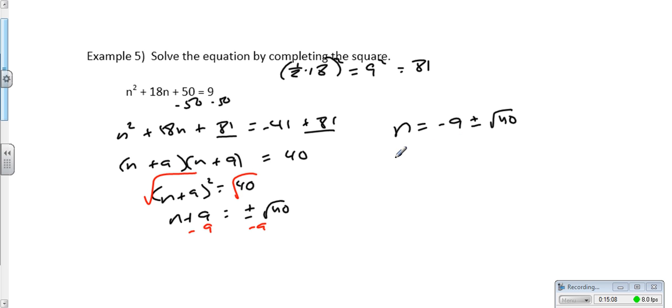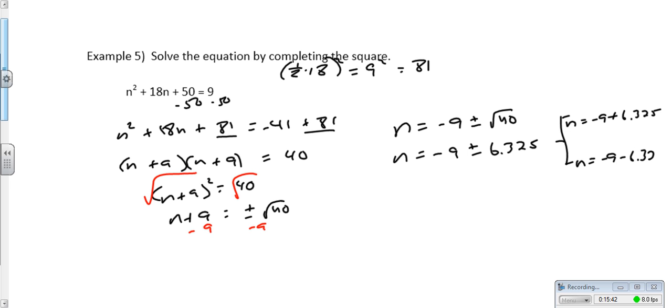Now we cannot actually take the square root of 40 and get a regular number. We're going to get a decimal, and I'm going to go ahead and do that. It's 6.325. And that's an approximation, but we'll take it right now. Again, that means two things. It means n equals negative 9 plus 6.325, and n equals negative 9 minus 6.325.